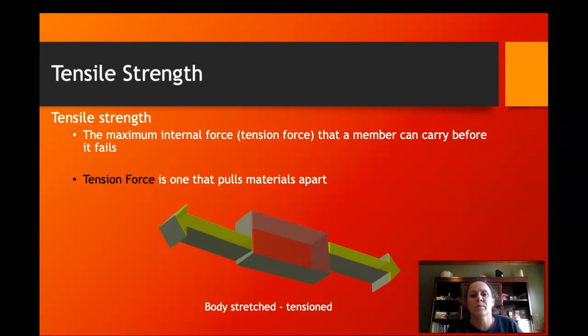So it's the maximum tension force that a member can carry before it fails. A tension force is one that pulls materials apart. The best way to see that illustrated is in this drawing that shows a rectangular object being pulled both ways. So it's being stretched and it's being tensioned.